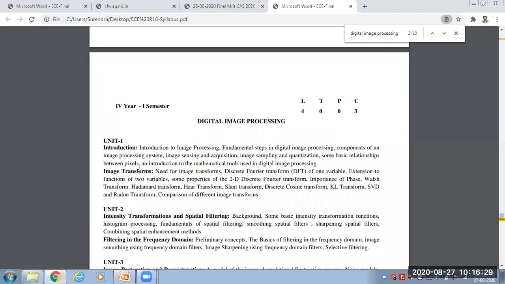Your unit 1 contains the introduction part and the image transforms. There are two parts, and we are in the first part, the introduction part. In the first part, there are 7 topics.